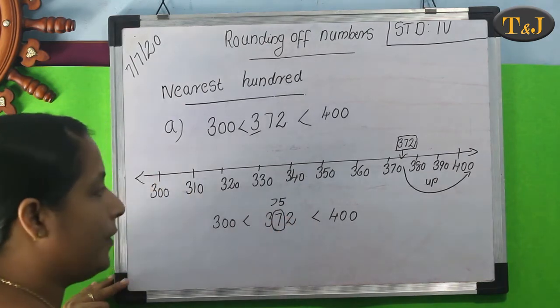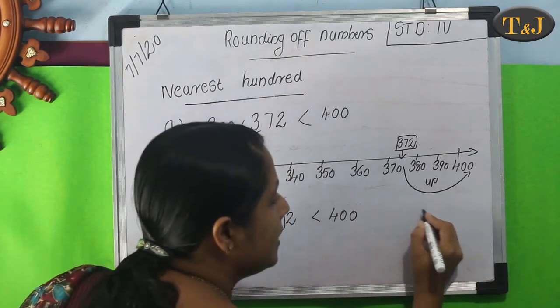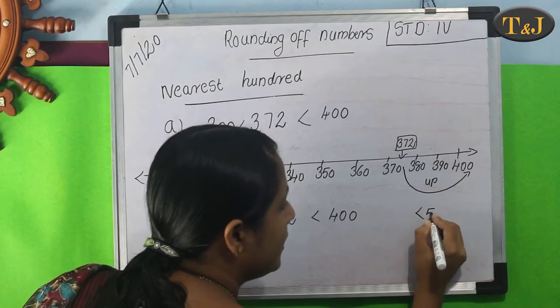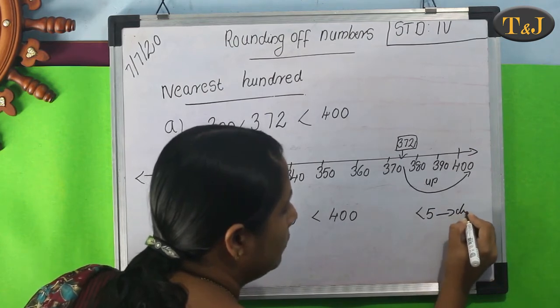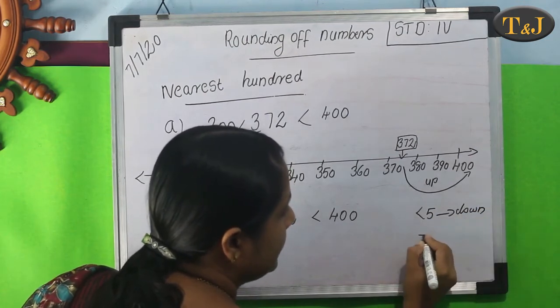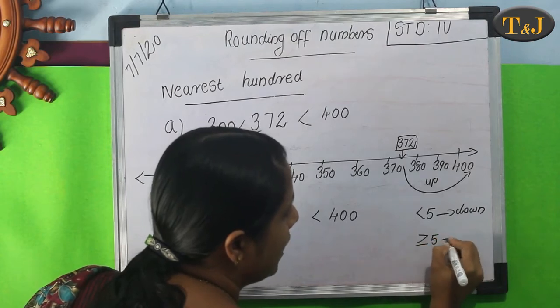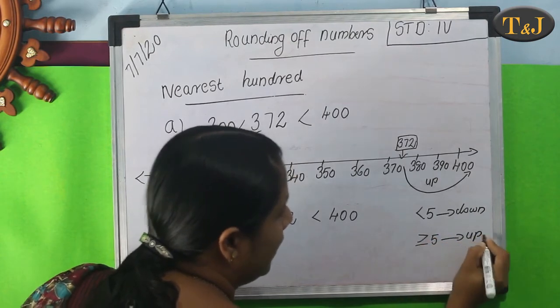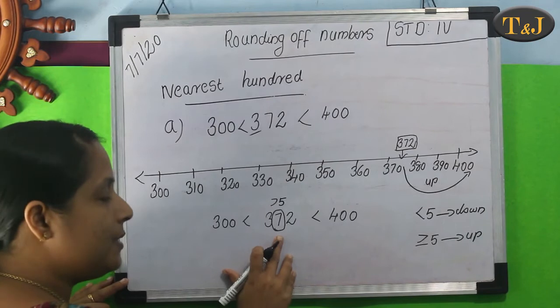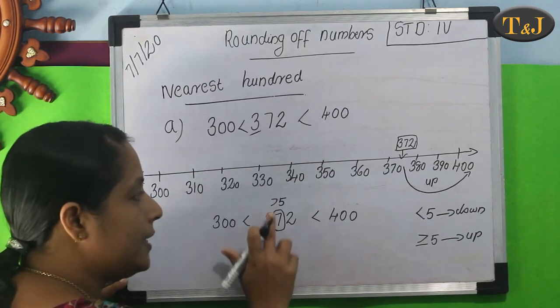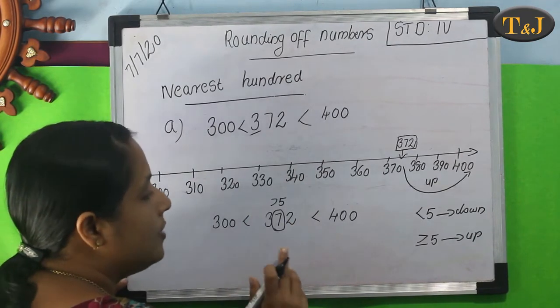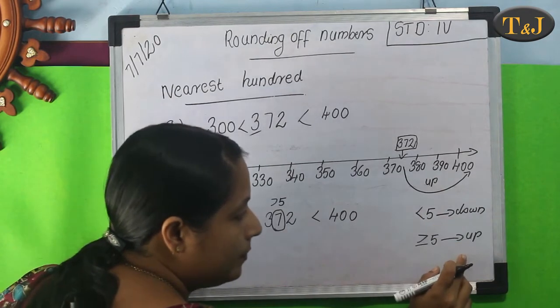In the earlier problem we already know that, once again I repeat, less than 5 it is rounded down. Greater than or equal to 5 it is rounded up. Here our tens place value is 7. So it is greater than 5. So is it down or up?